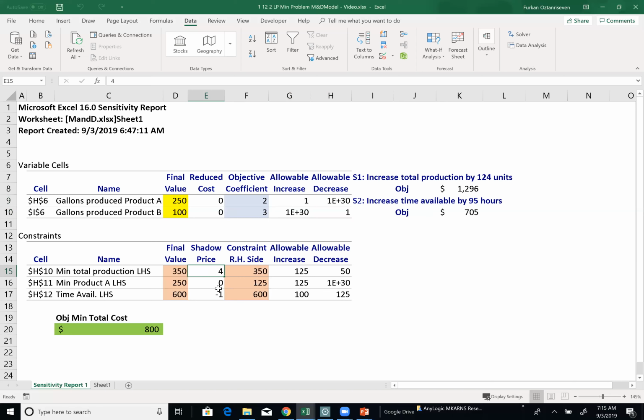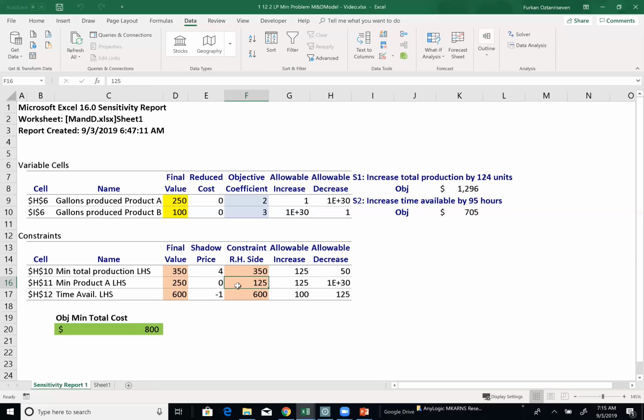On the other hand, this is, by the way, a binding constraint. What does it mean? The left-hand side value and right-hand side are the same. So the binding constraints are the bottlenecks in the system. We have to be careful about them. But this constraint, the minimum A requirement constraint, is not binding because it looks like A doesn't cost much.